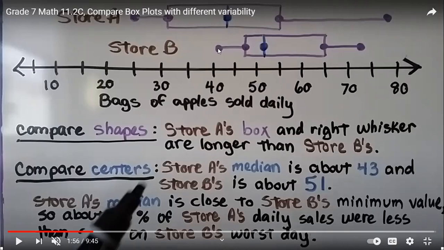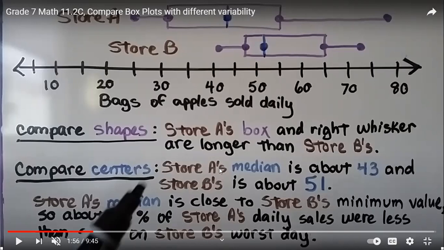But the least value in the second store was 41. So the median for the first is very close to the minimum value of store B, which means the daily sales in store B were worse on that day.